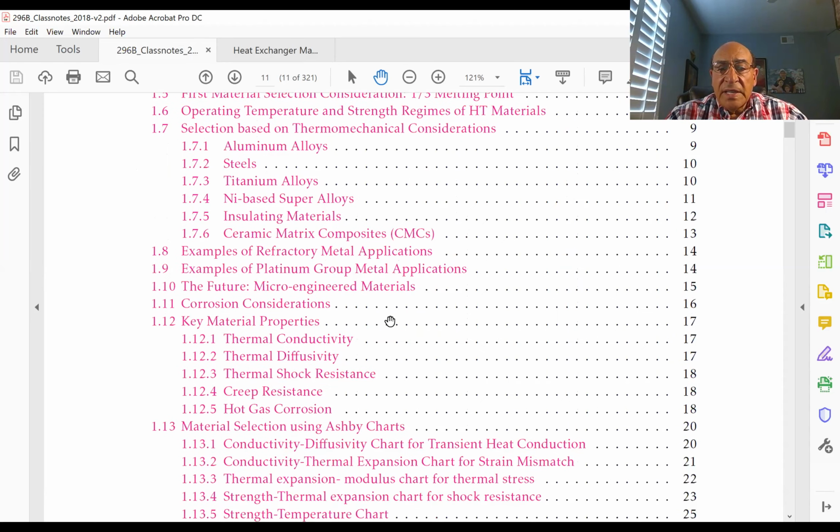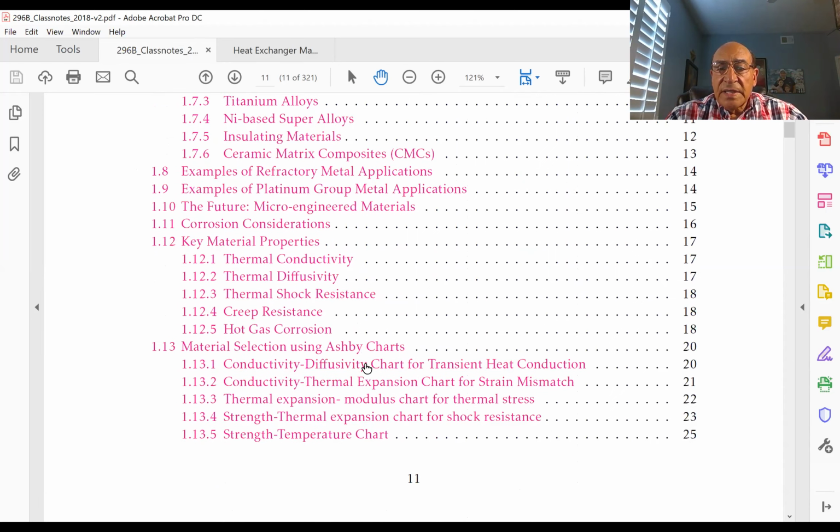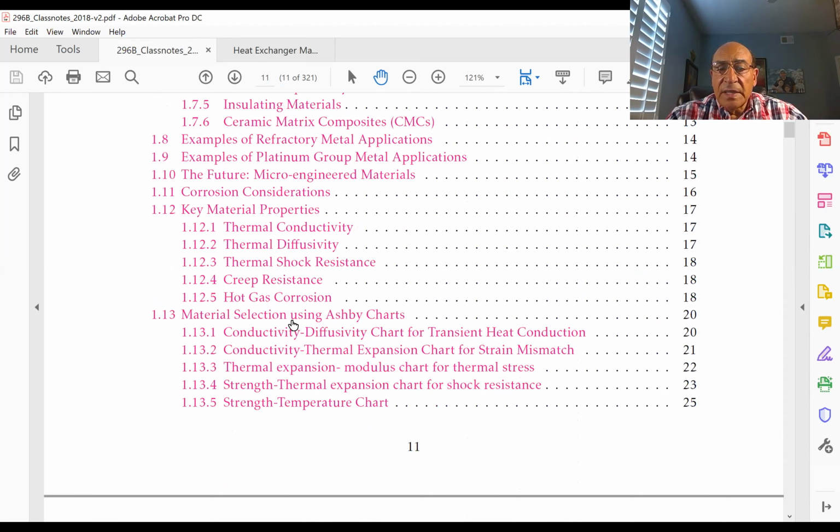Then we use an idea of material selection using what's known as Ashby charts. An Ashby chart is a relationship between two properties, one on the x-axis, one on the y-axis, and this relationship is used for particular applications.